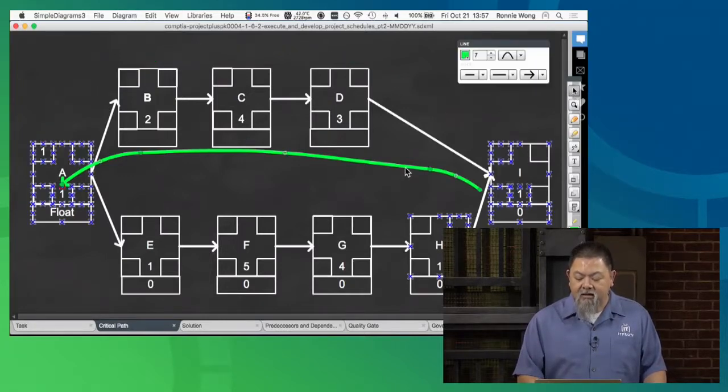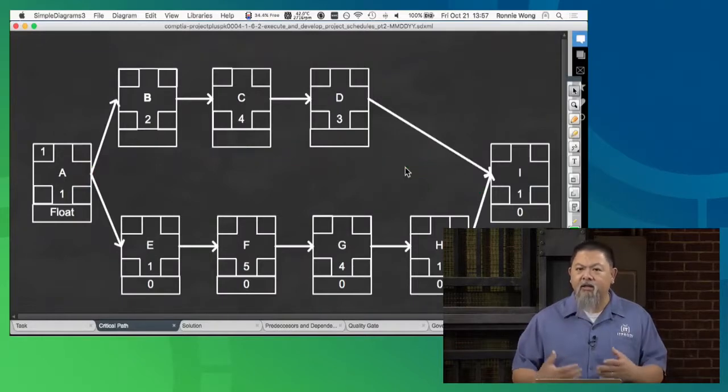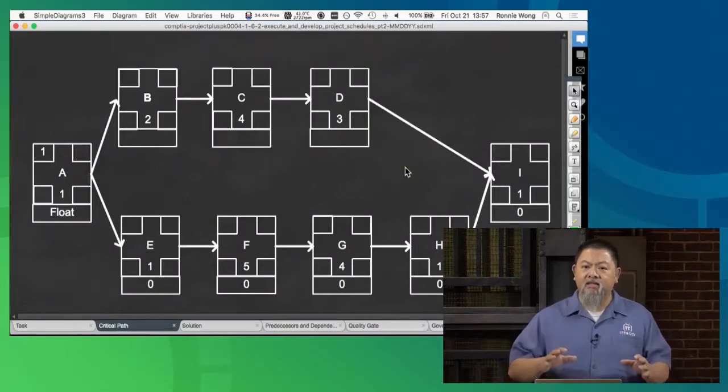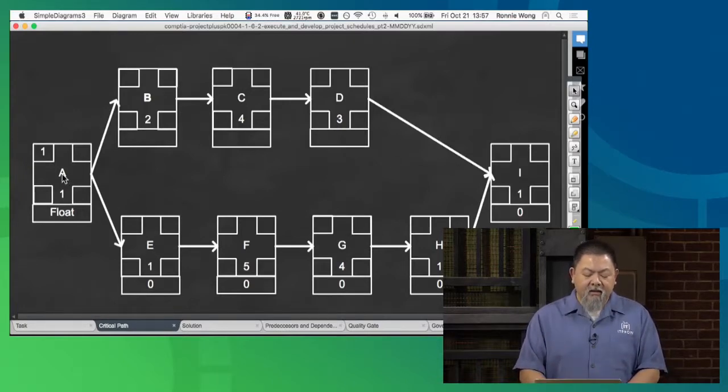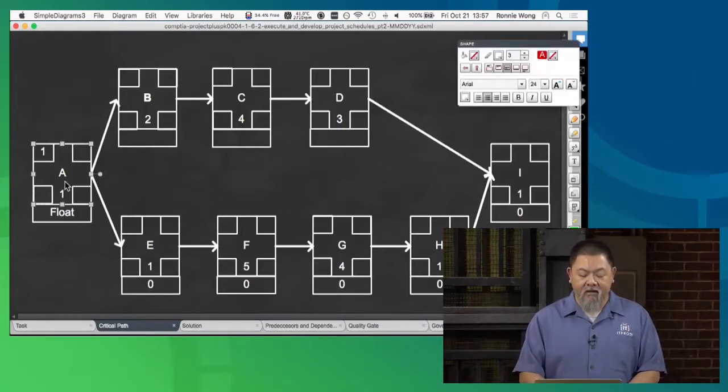Now, the math is going to seem a little bit different than the way that you and I normally do math. It's not the arithmetic, it's the way that we have to count duration. Let's take task A here. It's supposed to be a task that lasts 1 day.